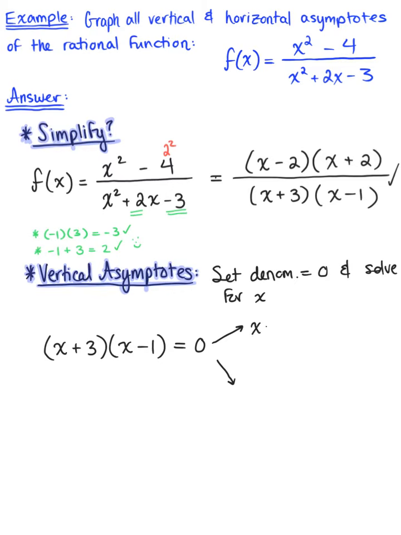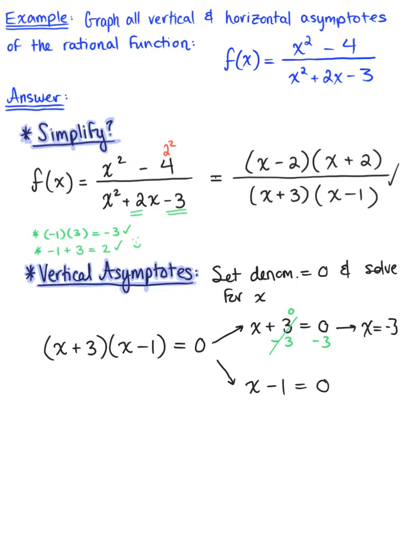This is set up perfectly for us to consider each binomial case. We have the case where x plus 3 is equal to 0, and the case where x minus 1 is equal to 0. In case number 1, to isolate x, we subtract 3 from both sides, and 3 minus 3 cancels to 0, leaving us with x is equal to negative 3.